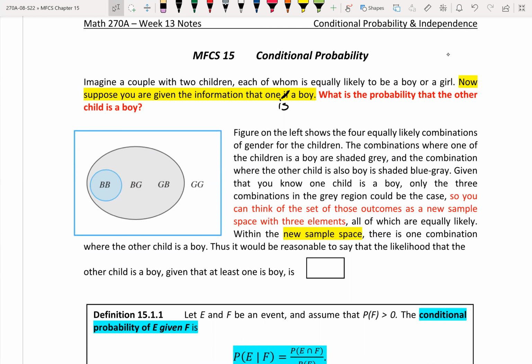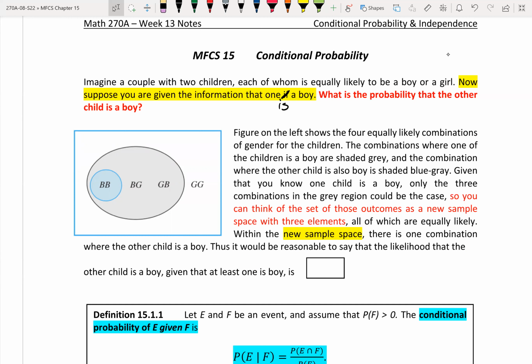the figure on the left shows the 4 equally likely combinations of the gender for the children: boy-boy, boy-girl, girl-boy, and girl-girl. The combinations where one of the children is a boy are the gray area.